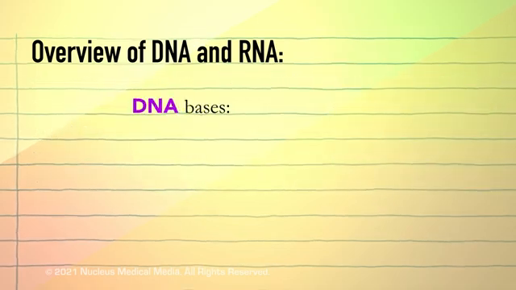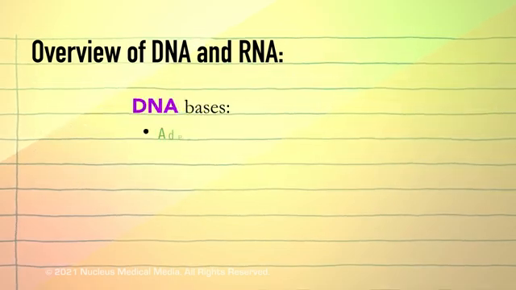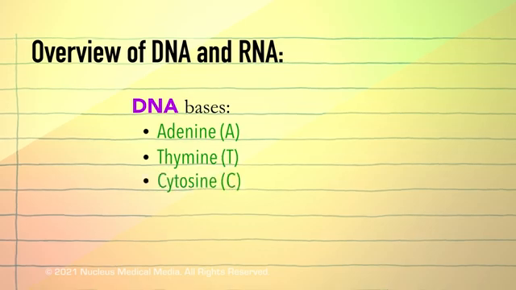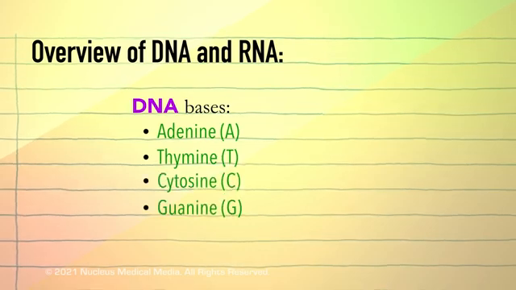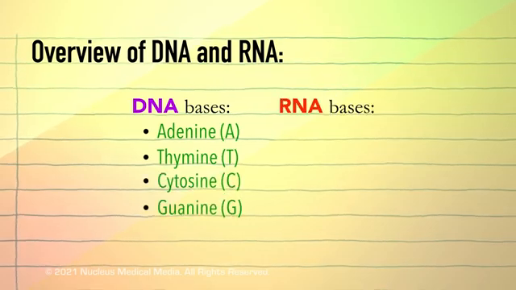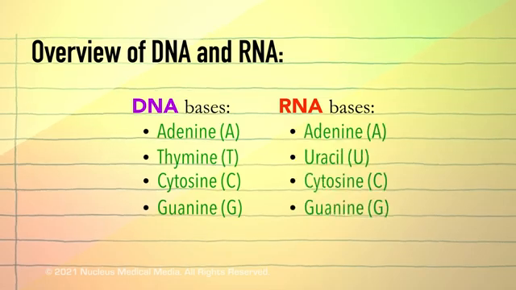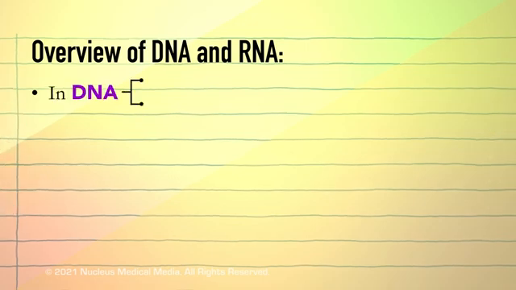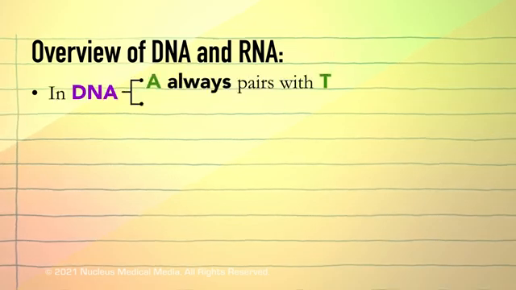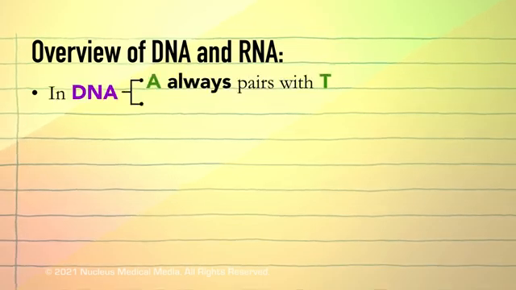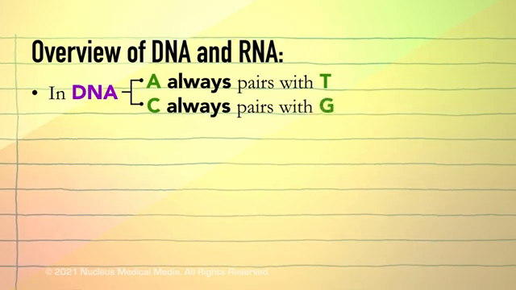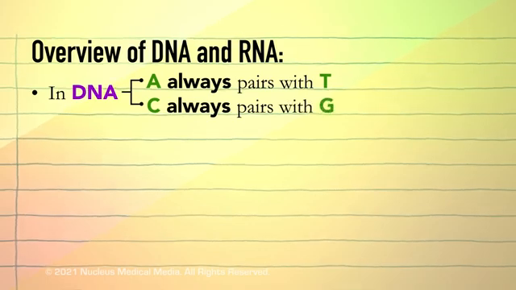The nitrogenous bases in DNA are adenine, thymine, cytosine, and guanine. The nitrogenous bases in RNA are adenine, uracil, cytosine, and guanine. In DNA, adenine always pairs together with thymine, and cytosine always pairs together with guanine.